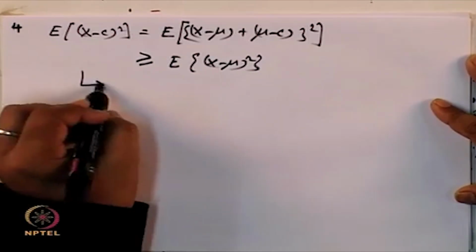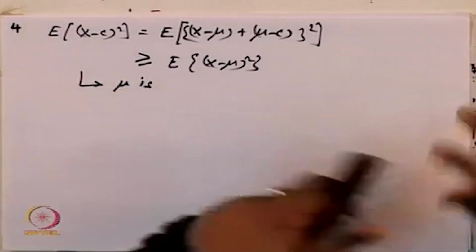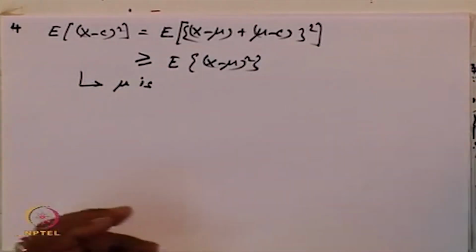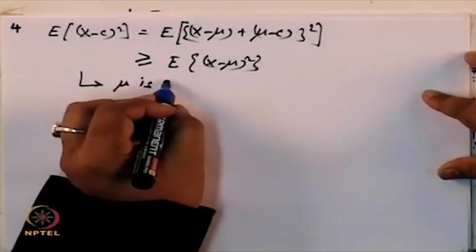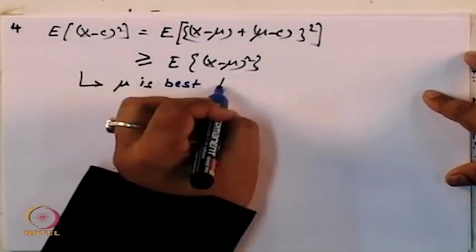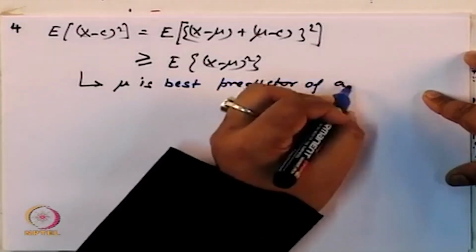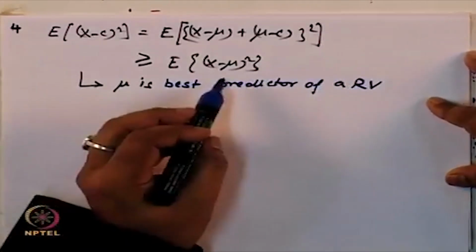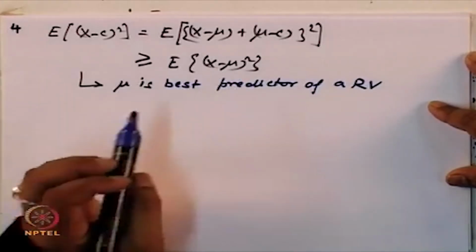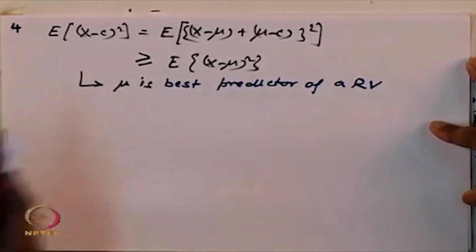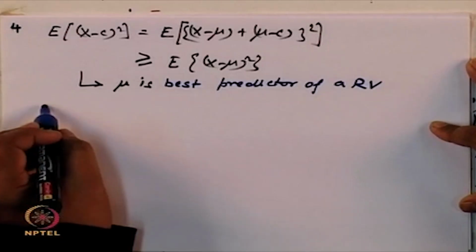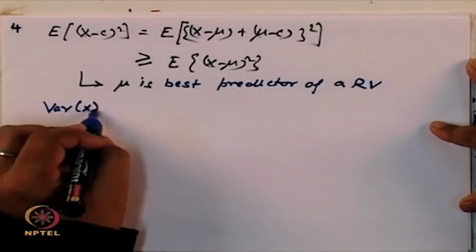So, this is why mu is the best predictor of a random variable. This will give you the best value of expectation; it minimizes this. E of (x minus mu) whole square is nothing but the variance of x.